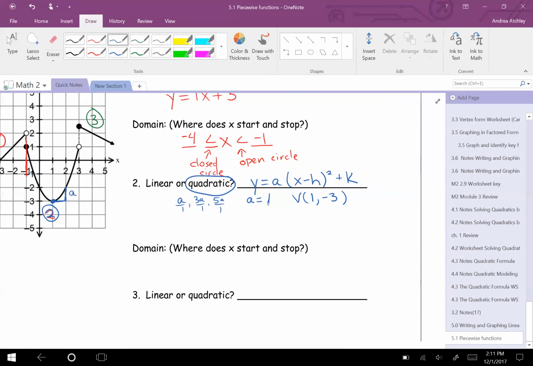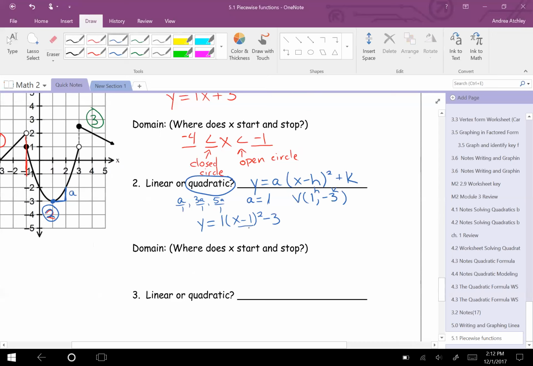We plug it in to our vertex form of a quadratic, and we get 1 times x minus, the h value is 1, squared, and then the k value is negative 3. Remember, this is your h and this is your k.